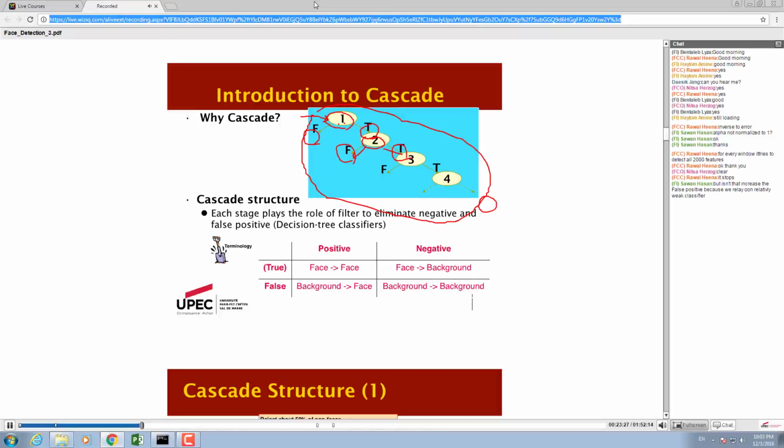For example, in stage 1 the true positive rate is almost 99%, more than 99%. So when stage 1 says true, then we can believe the answer, right? Because the true positive rate is very high. By the way, relatively, the false positive rate is not 0, right? It can be higher than the strong classifier.